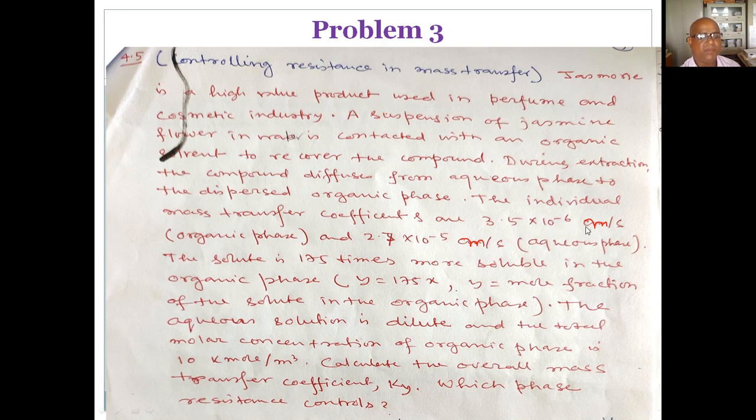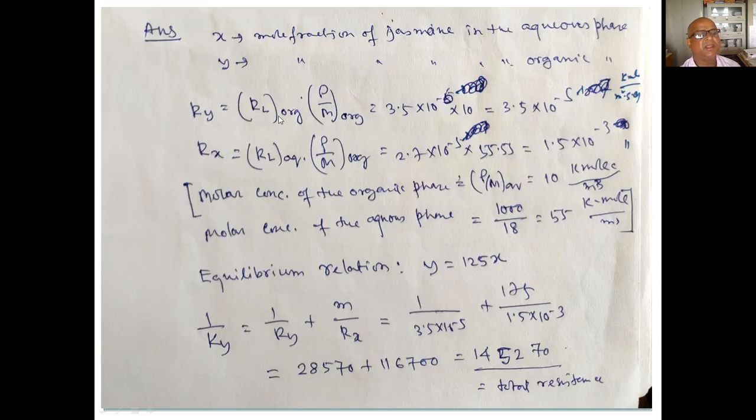If you remember, meter per second is the kl. When you studied in chapter 3, the mass transfer coefficient with unit meter per second is kl. Now you have to convert it into Ky.